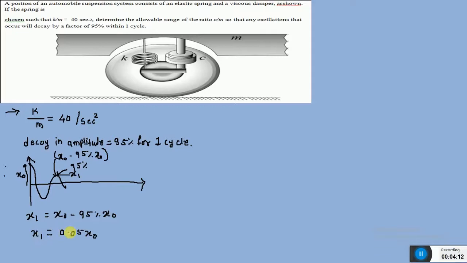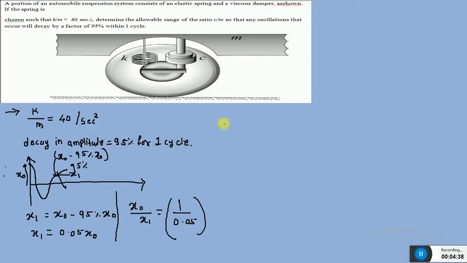So from this we will get the ratio x0 by x1. So this x0 by x1 is equal to 1 by 0.05. So this ratio we can use to determine the logarithmic decrement, and from this we can find out the damping factor zeta.